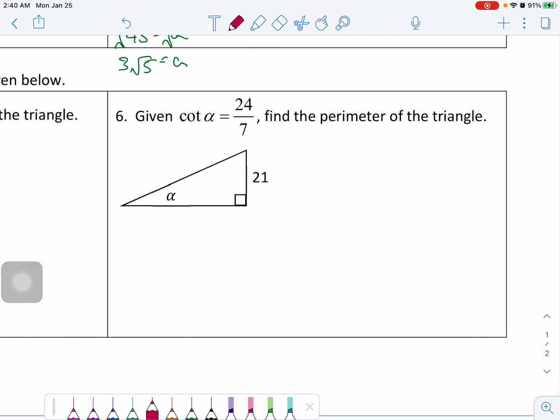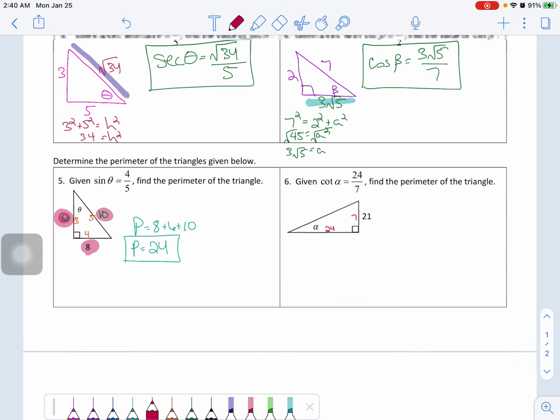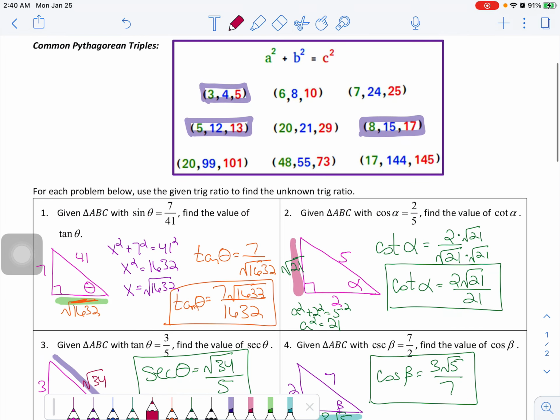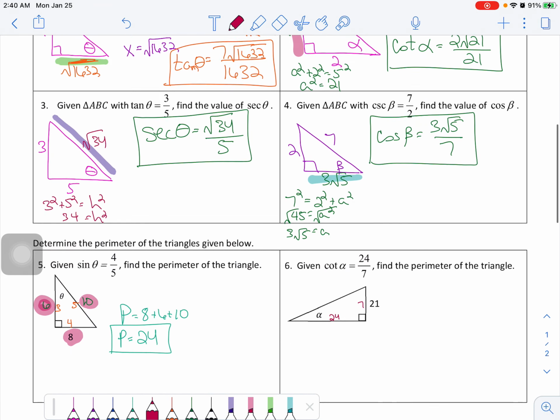All right, one more problem here. Given the cotangent of alpha, so cotangent of alpha means I would do adjacent over opposite. So 24 over 7. Now I'm going to do a quick pinch in and go up to my triples here.